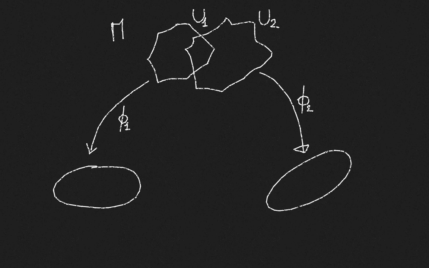You end up with two open sets, let's say V1 and V2 in Rk.